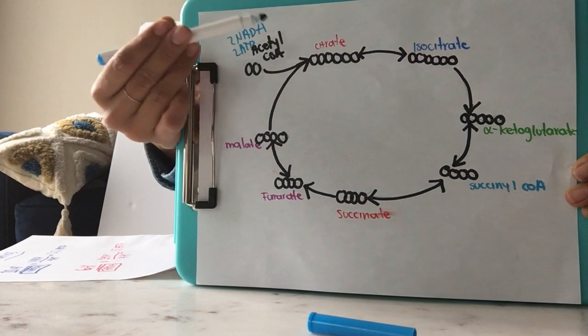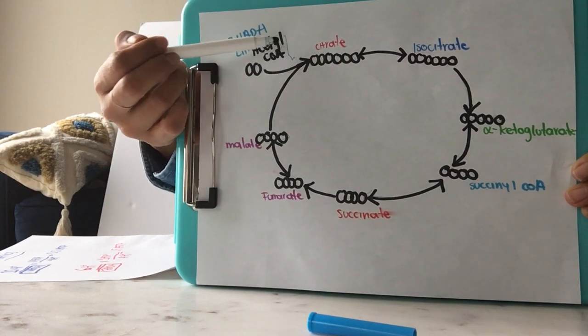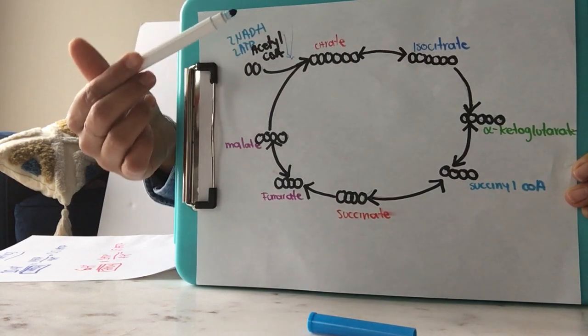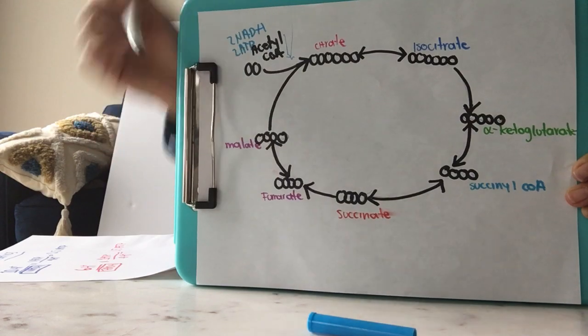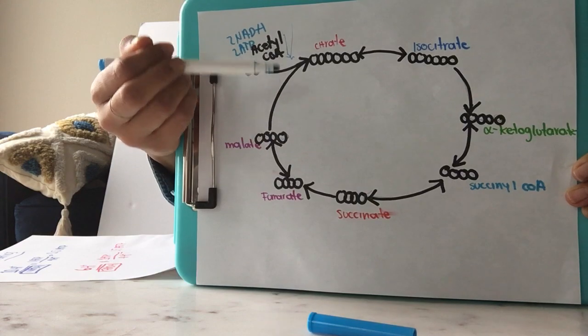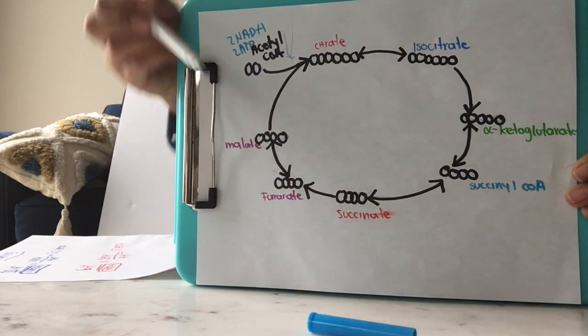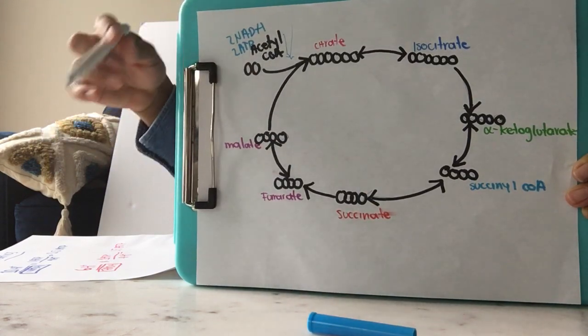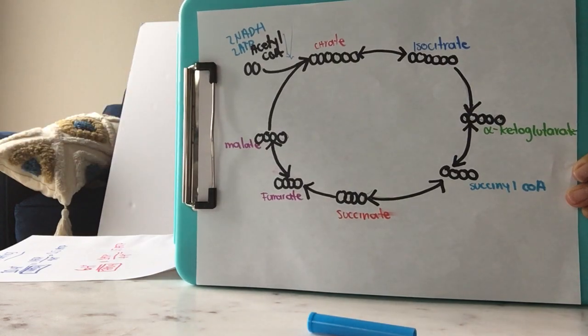We know that one carbon dioxide is going to be removed by carboxylation in the pyruvate dehydrogenase complex, in the E1, E2, E3 complex.